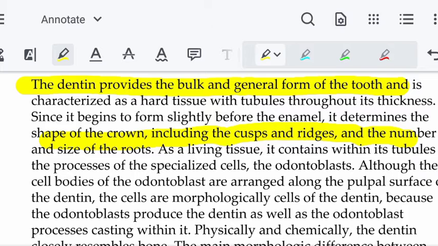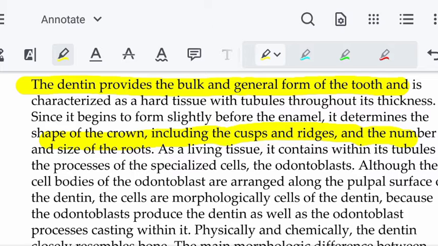The dentine is a living tissue. It contains within its tubules the processes of specialized cells, the odontoblasts. From the previous chapter, enamel, we know that enamel is a dead tissue since it contains 96% minerals and only 4% organic compounds.